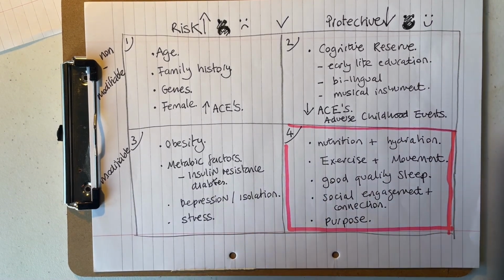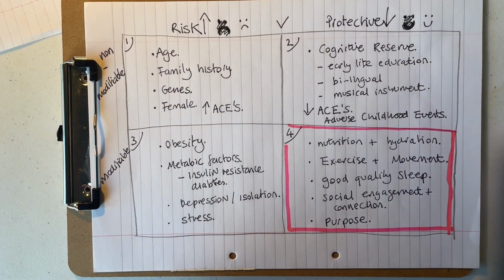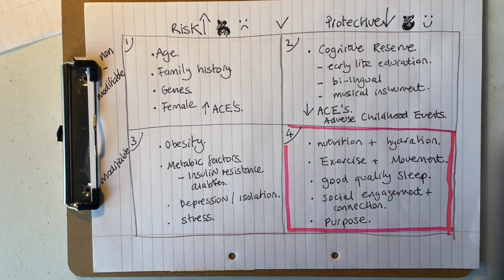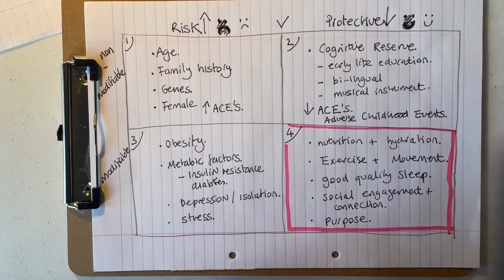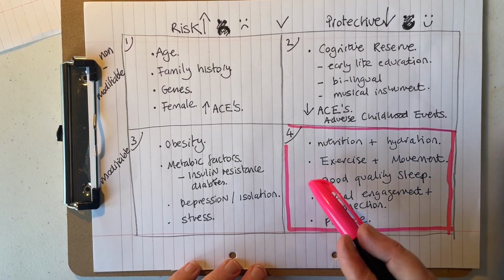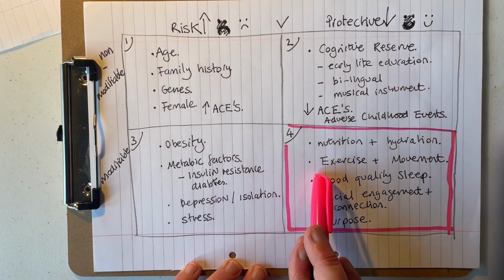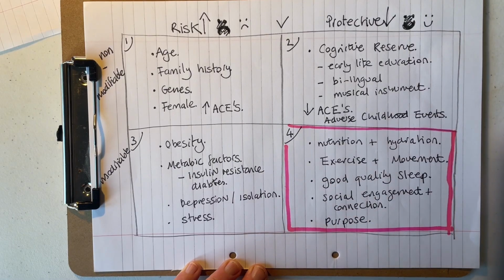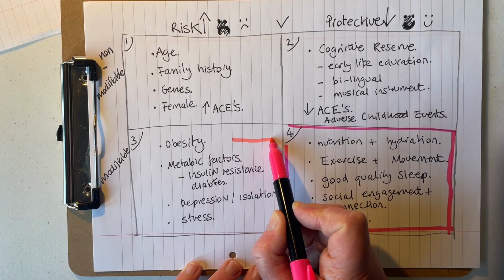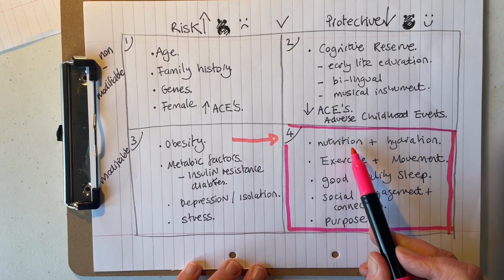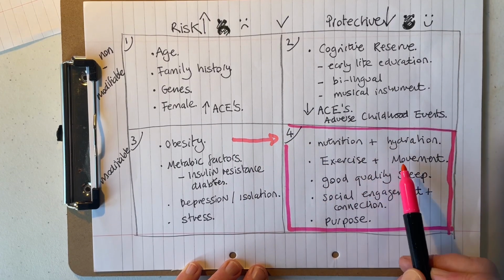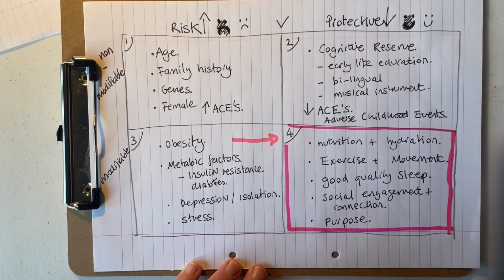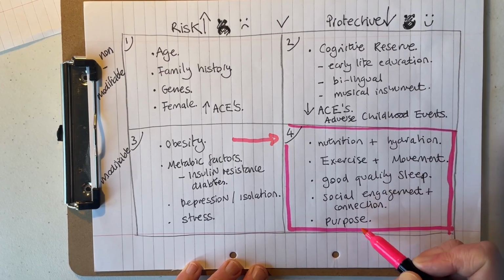And then if you haven't noticed already, I want to draw your attention to something, which is that just as these two are related, these two, they're kind of opposite. So obesity is modified by nutrition, hydration, exercise, movement, quality sleep, even these two as well.